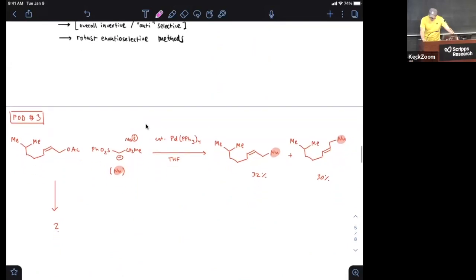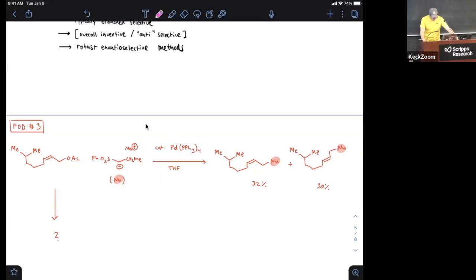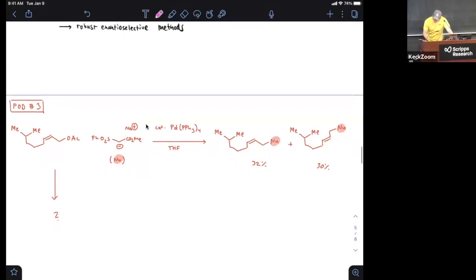Okay, so let's jump into problem of the day number 3, which I have recopied here. So we'll consider the case of a terminal pi-allyl addition of a classical soft nucleophile.